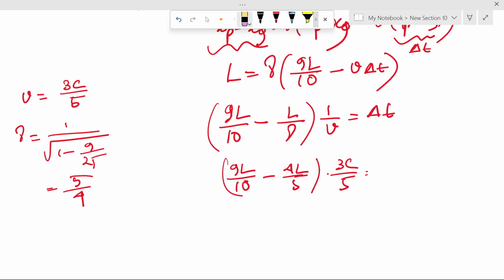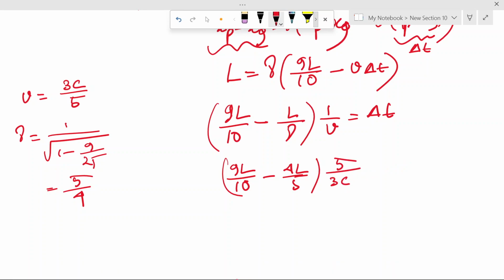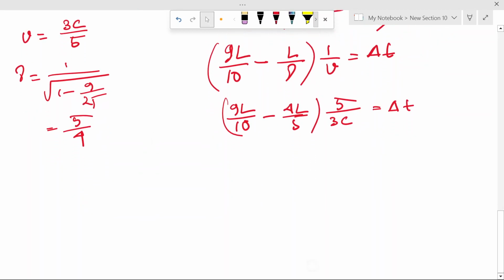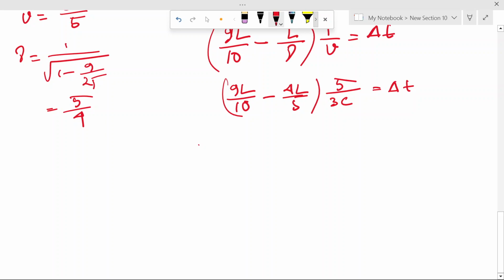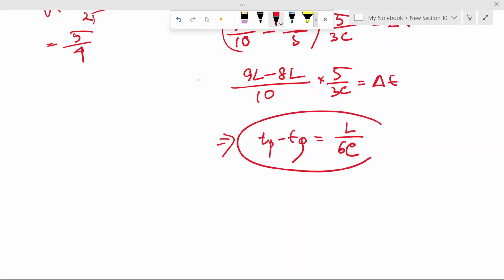Sorry, it's 1 by V, so it's 5 by 3c. Sorry for the mistake. So now it becomes 9L minus 8L over 10, into 5 by 3c, delta t. So Tp minus Tq is equal to 5L by 6c. This is the answer.